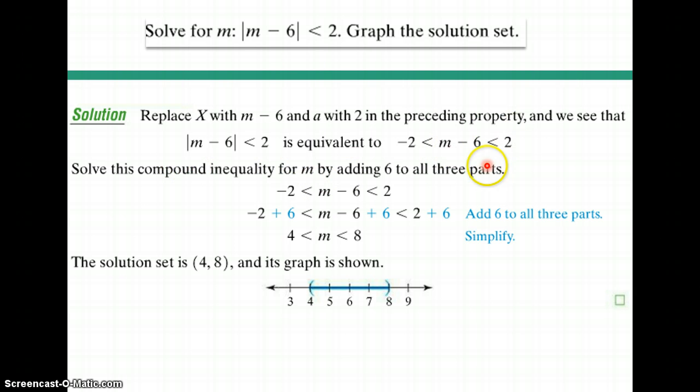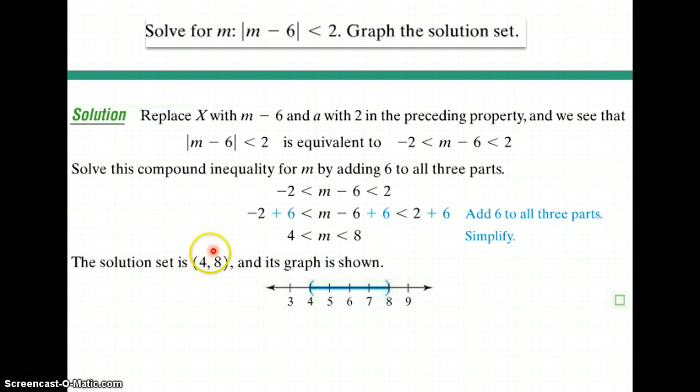Solving the compound inequality, add 6 to all the three parts and simplifying, we have 4 less than m and m less than 8.